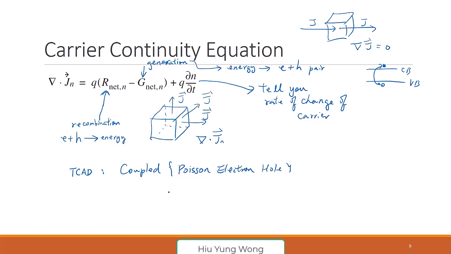And what's the meaning of the electron? The electron continuity, I guess. Equation. Thank you. It solves the electron continuity equation. And similarly, you need to solve for the hole continuity equation. You solve these three equations, you solve the whole system. Then you can predict how the device operates. Is that clear? Any questions?